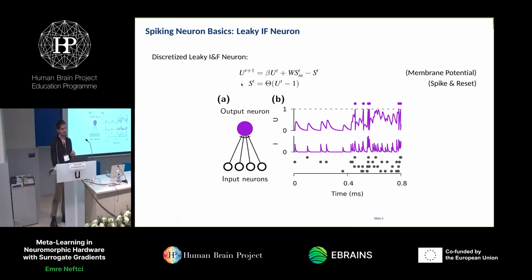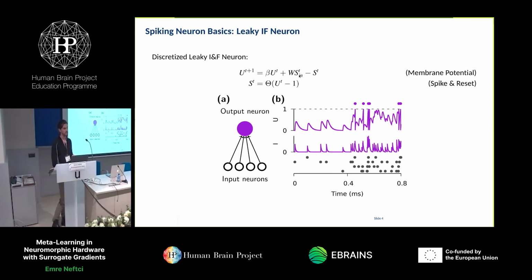This is the integrate-and-fire neuron model, written slightly differently from what you're used to. Usually we write them as differential equations, but you can also write them as discrete update equations. The membrane potential of a neuron at time t+1 is equal to the membrane potential at time t, scaled by some leak term beta, which is usually between 0 and 1 but close to 1, plus some weighted input spikes, minus s of t.